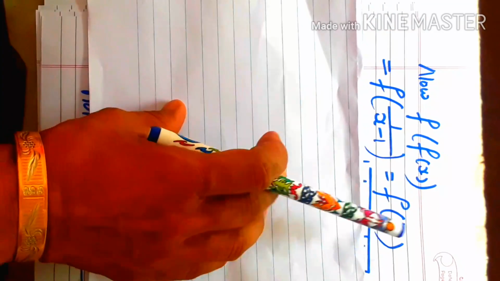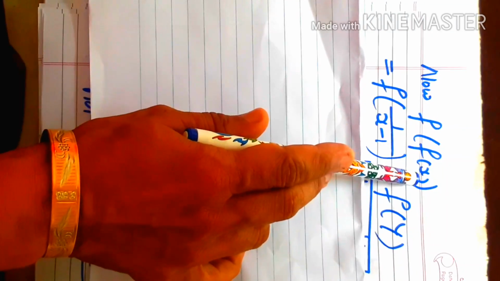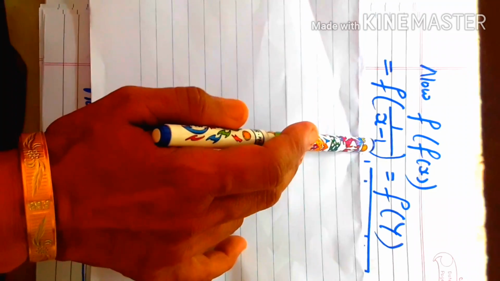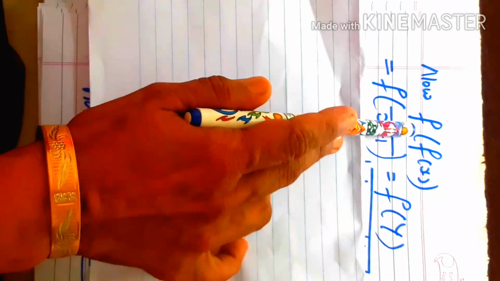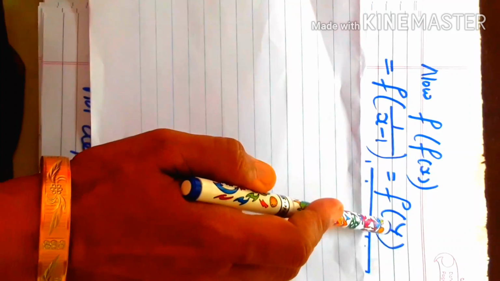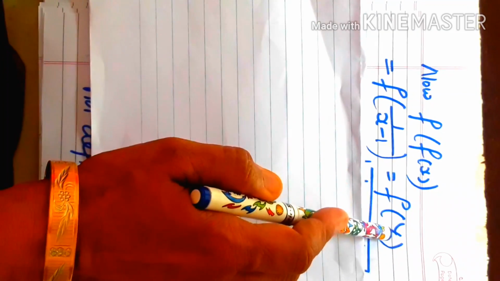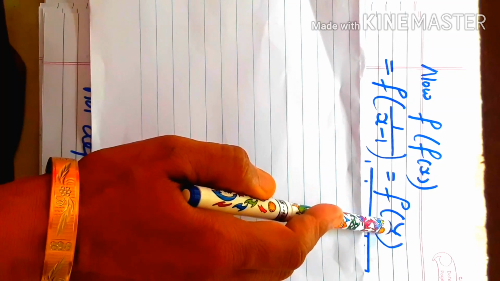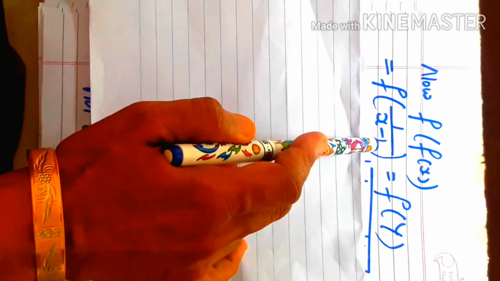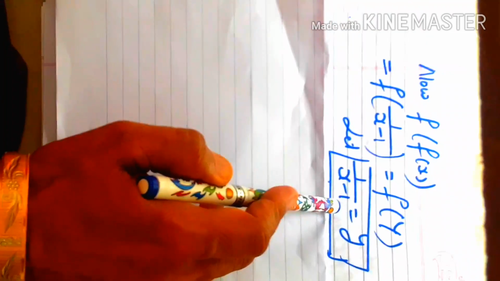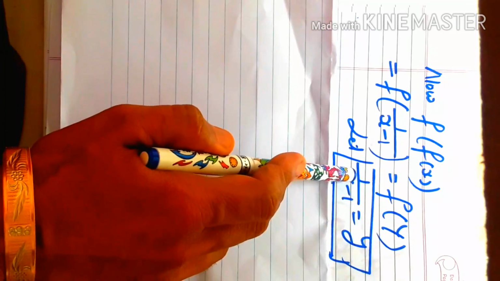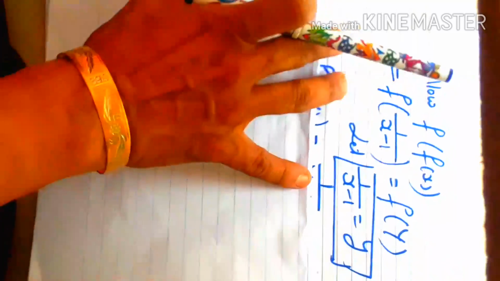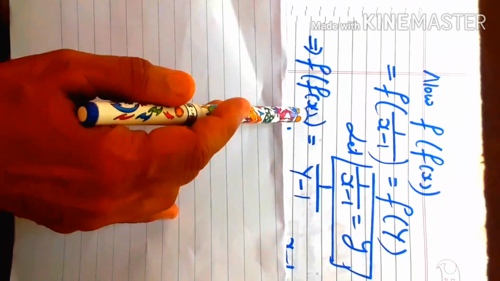So replace f(x), which is 1 by x minus 1, and just consider 1 by x minus 1 as y. Let's replace it with y. So what is f of y? Now f of x is 1 by x minus 1. So f of y is nothing but, here we have replaced it with y.